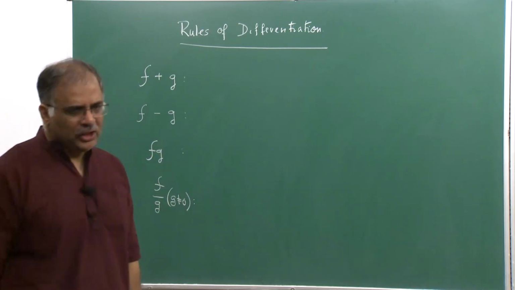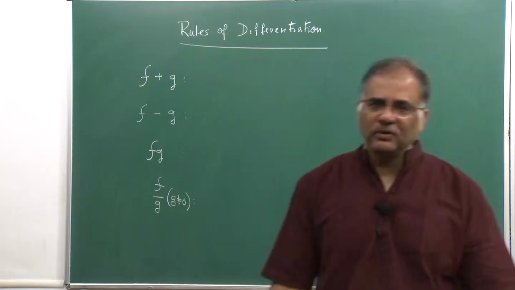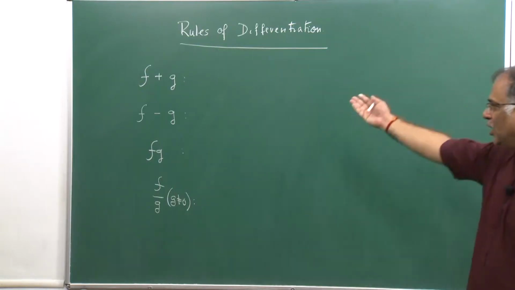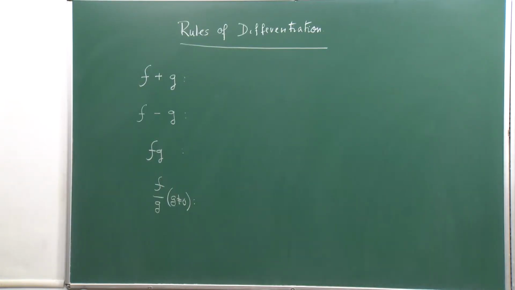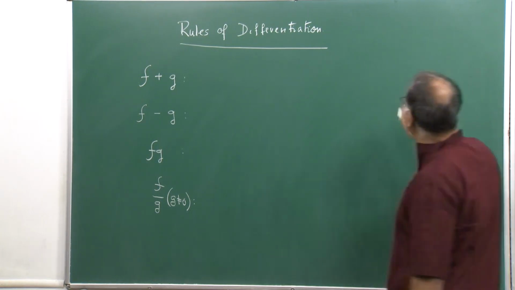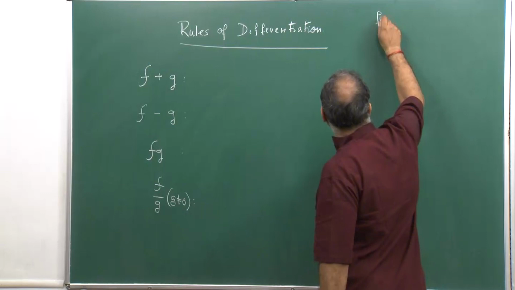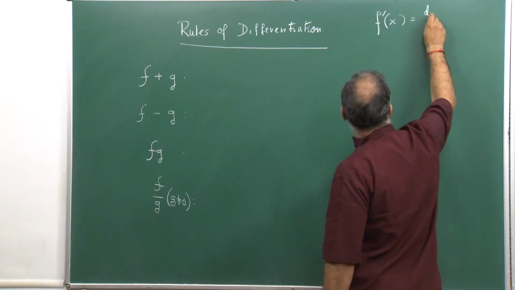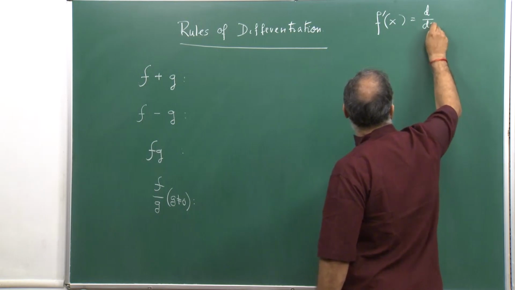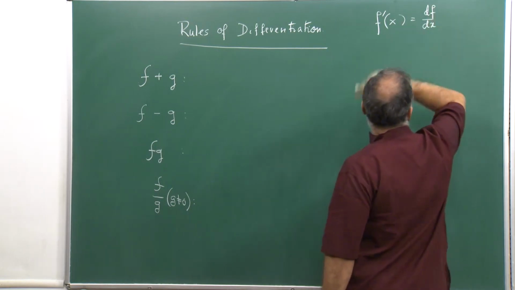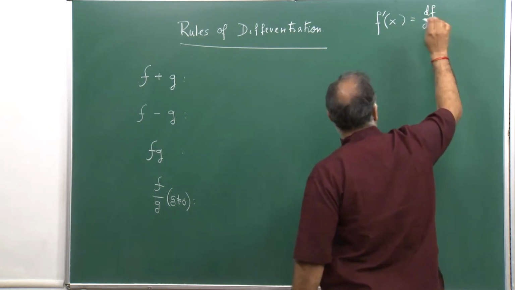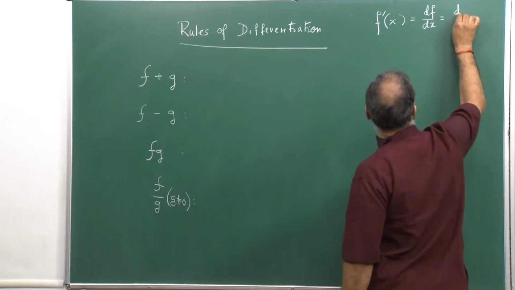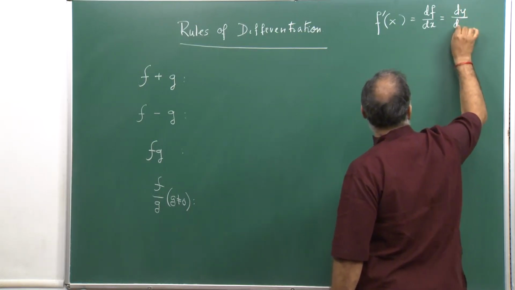So, if I know that the function f and the function g have a derivative, how do I compute the derivative of f and g? Derivative is sometimes also written like this. Or if you write y is equal to f of x, some people also prefer to write this.